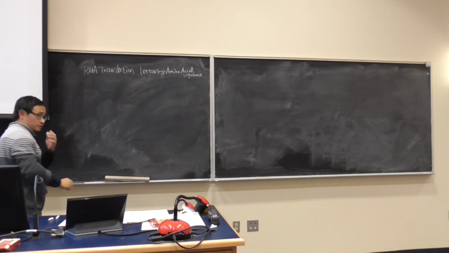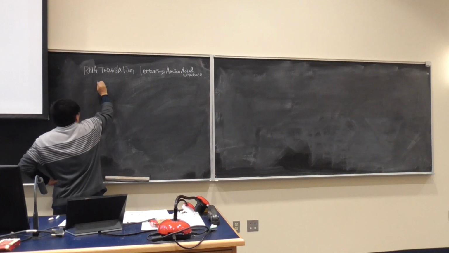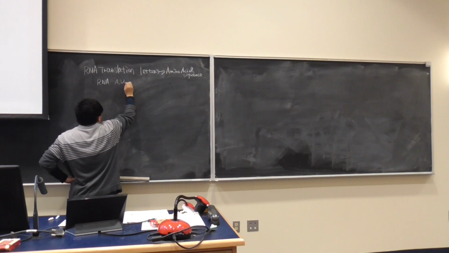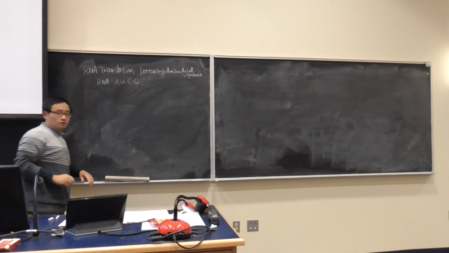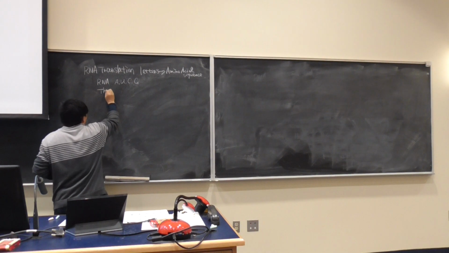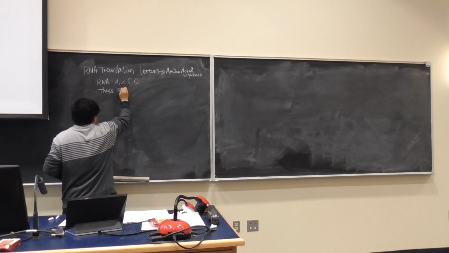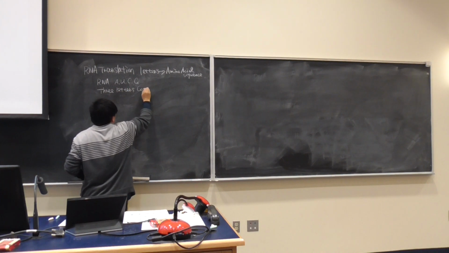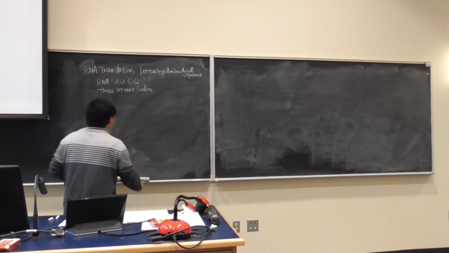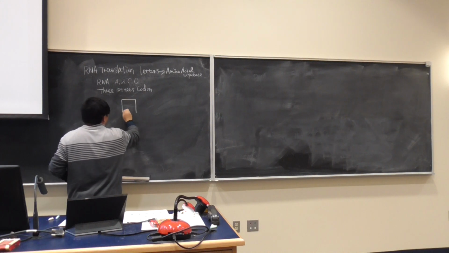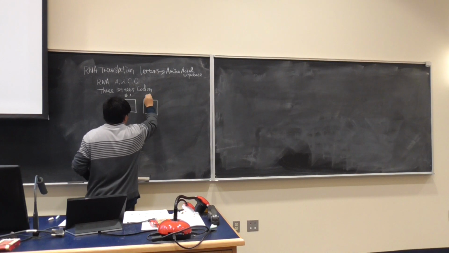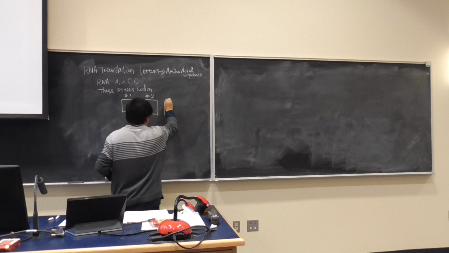So first things first. RNA has A, U, C, G as bases. We said every amino acid is coded by 3 letters, the codon system. So we will end up with box number 1, box number 2, and box number 3.